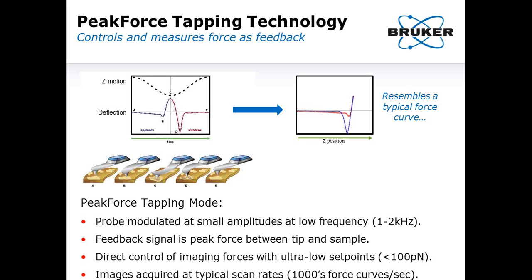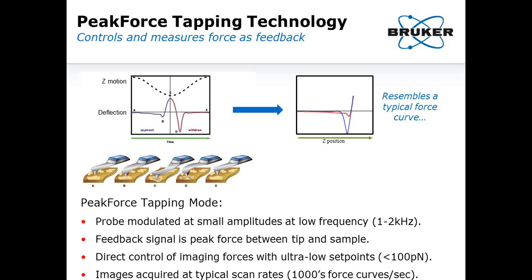Now, while this might sound very similar to force volume imaging, there are key differences in the operations of these two modes. In PeakForce tapping, we're using sinusoidal ramping and not linear ramping, as is used for force volume or single force curve measurements. With each interaction of the AFM tip with the sample surface, the feedback loop is continuously detecting the peak force. As such, the imaging force control benefits from the results of previous tip-sample interactions.